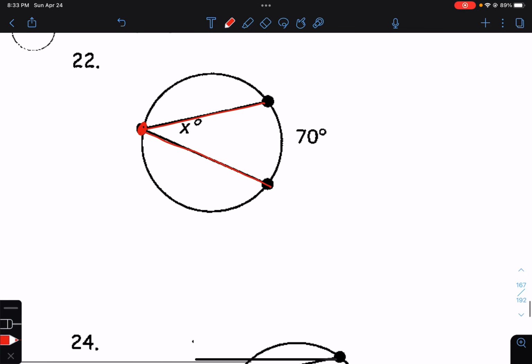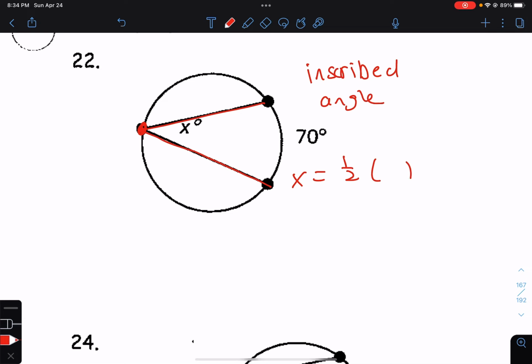So to find X, we need to do 1/2 of our arc. We're going to do 1/2 of 70, and we should get 35 degrees.